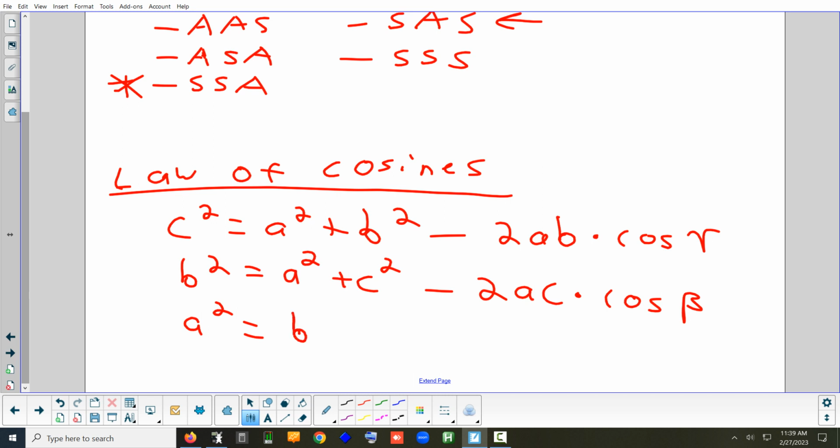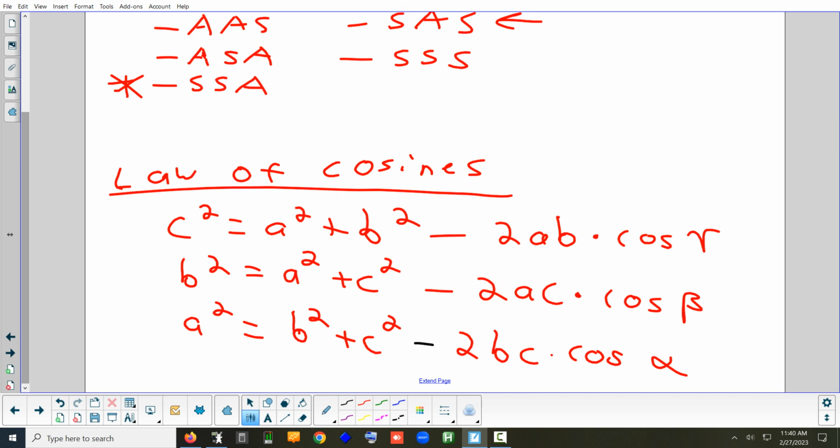B squared plus C squared minus 2BC times cosine alpha. Writing it with specific letters is not important. What's important is the pattern. One side squared equals the sum of the squares of the other two, minus twice the product of the other two, times the cosine of the angle across from the one you started with. That's what you want to remember.